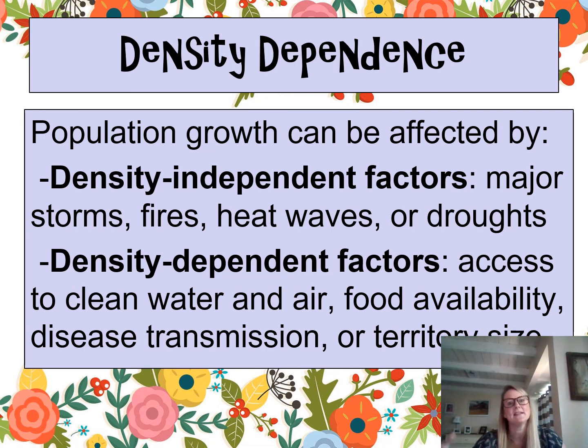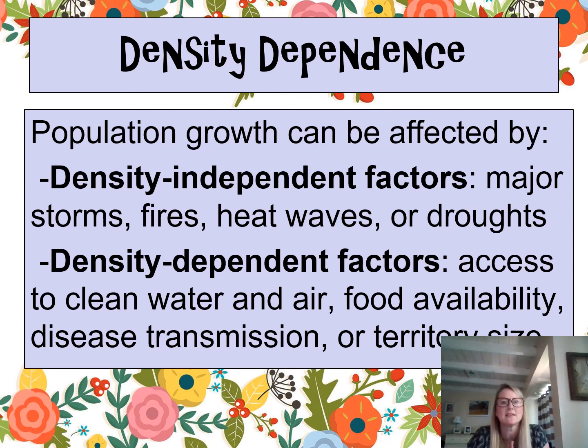Compare that to density dependent factors. These are things that can regulate a population size based upon how dense the population is. Density is a measure of how big the population is over its area size. So the less land that you have, the more pressure is going to be put on those populations. A great density dependent factor is disease.